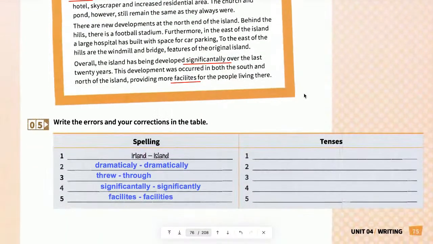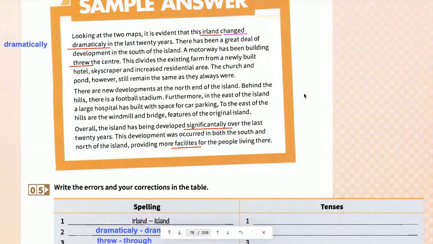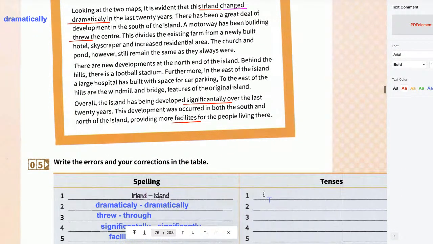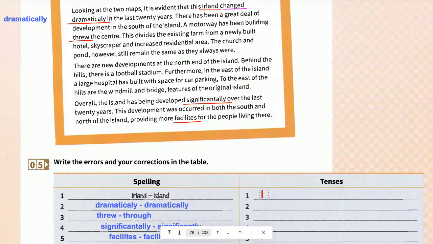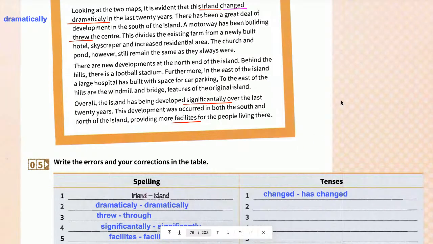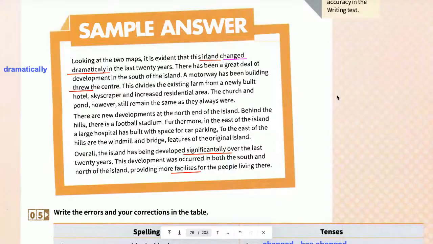For example, like the first one, the first line, read that and tell me what's wrong. It is evident that this. Yeah. So? It is evident is wrong.